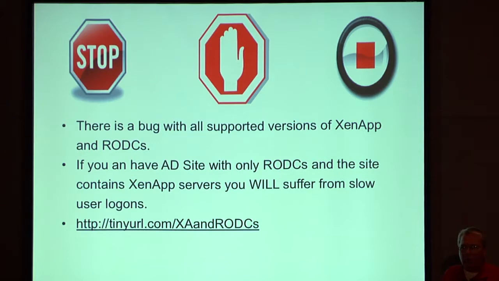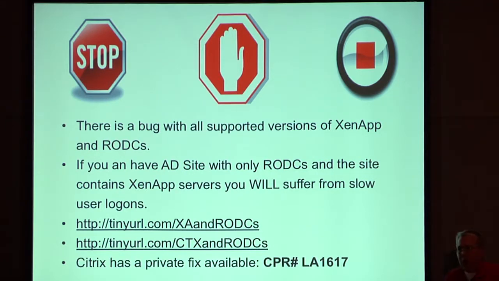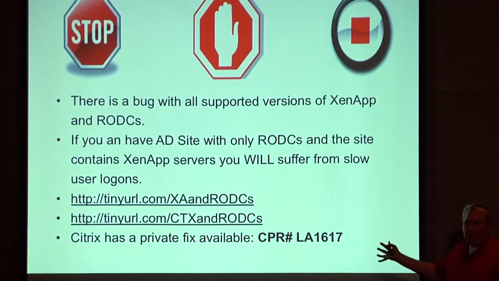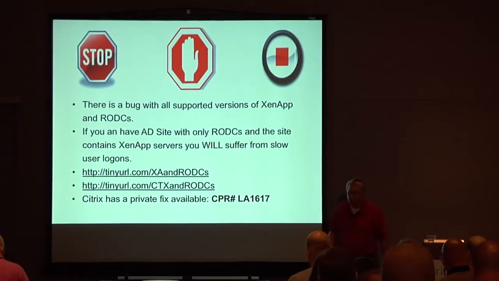It's a great troubleshooting article. In the PDF, I'll also link to the other 3 articles that I found that give a lot of information on resolving slow logons. Citrix finally relented and came up with the CTX article discussing this. There is a private fix, and they are working on making this private fix public. Everyone that I know that has put on this private fix said it has resolved the issue.